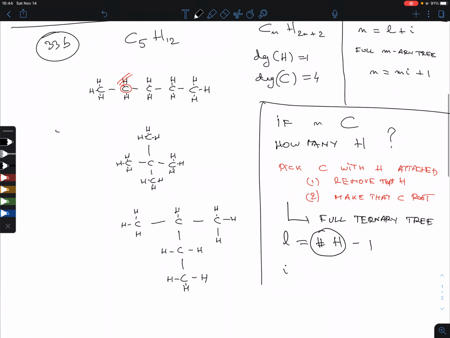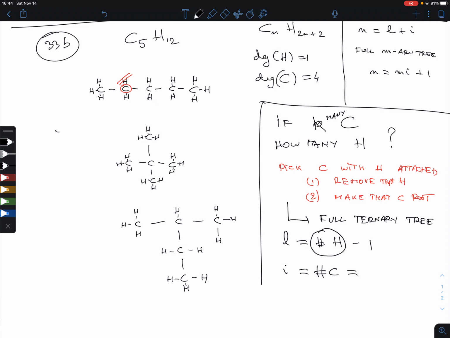So what is I? These are the internal vertices, but we know exactly what they are. These are the carbons. This is the number of carbons, and I'm saying this is N. Oh yeah, there are too many N's here. So let's say if there are K many carbon atoms, how many H atoms are there in this string?